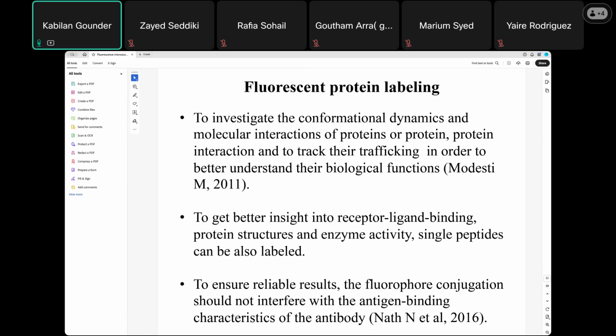That is the most important thing. Even when you want to study a protein, a protein-protein interaction or a peptide, and you label all of this, it should not interfere with the binding of antigen and antibody. That is another important thing to understand.